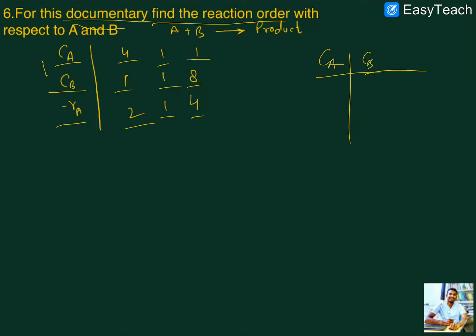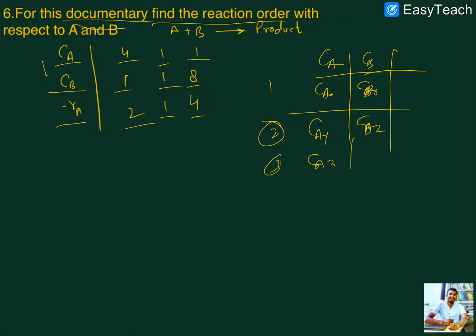Suppose CA, CB: it starts with CA naught, CB naught initially, then after first sampling, after second sampling, this will become CA1, CA2, CA3, CB2. So like this, the samples at different intervals.